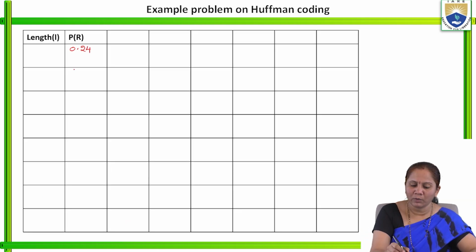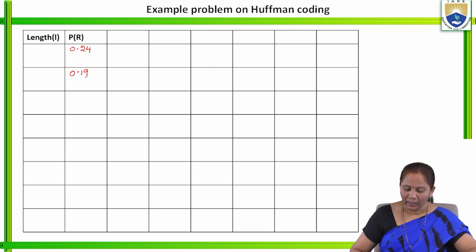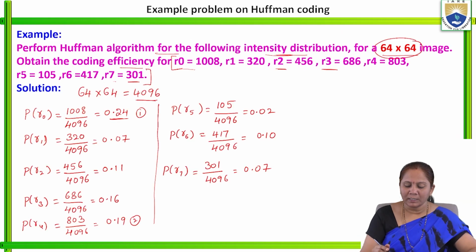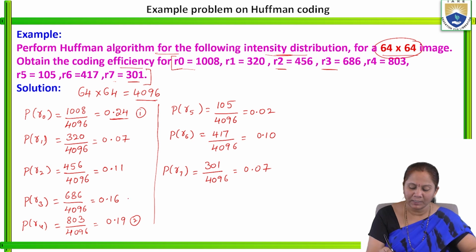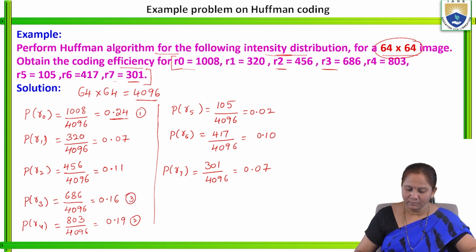So next we write 0.19. The next highest after 0.19 is 0.16.